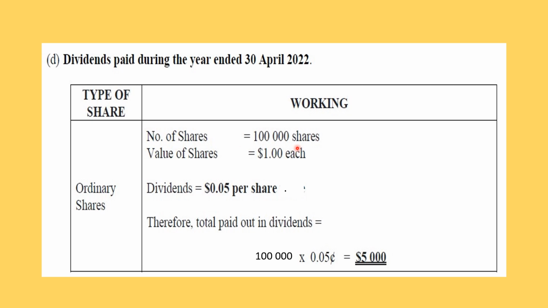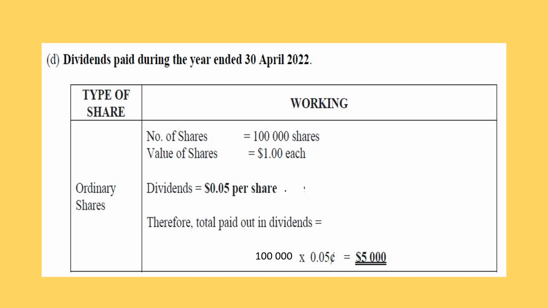Number of shares 100,000 that was issued, because it is only on the issued shares that you calculate and pay dividend. The value of the share, the par value, is $1 each. You don't really need that because it's 5 cents per share. What you need is the number of shares, and you multiply that by the 5 cents, and you get 5,000 for your dividend on ordinary shares.